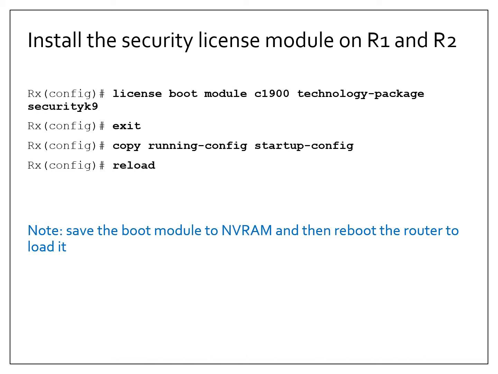Then we need to copy the contents of the current RAM to non-volatile RAM by saying copy running-config startup-config. When we've done that, we need to reboot the router by using the reload command, and then once it's loaded that security module, we're ready to go.